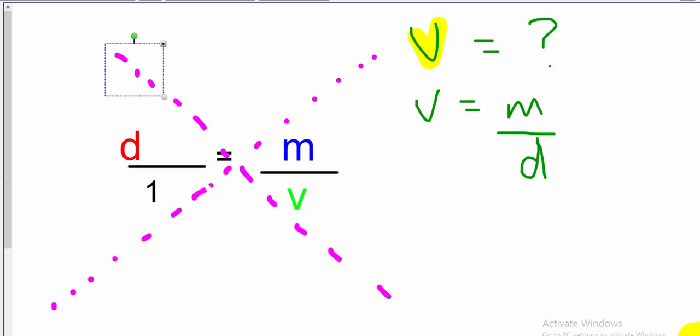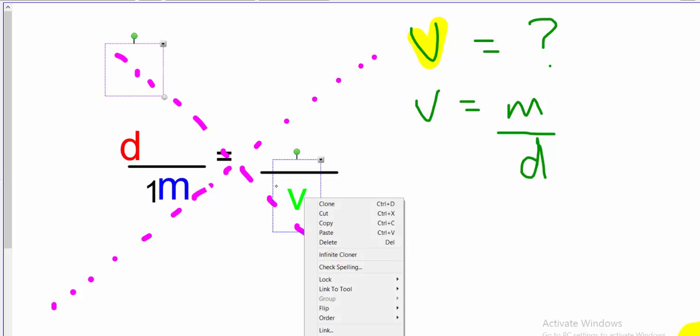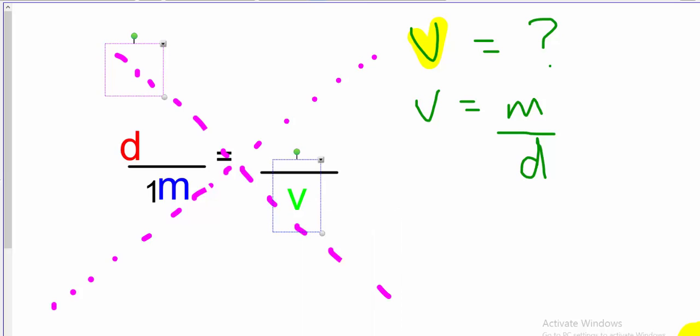So this M can never go over here like this when I'm rearranging a formula, but I can move it down into the denominator. Similarly, my volume could come up, but if I wanted to move my volume across, it's got to come up into the numerator. And my density can come over to the right hand side as well, but it's got to go across, opposite, into the denominator. So you can think of it like if you put a cross through the equal sign, your variables can travel to the other side as long as they travel along those dotted lines.